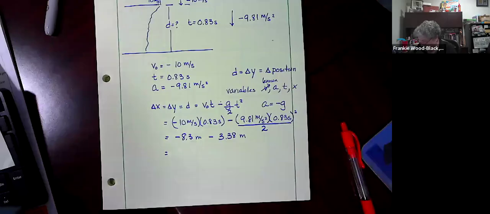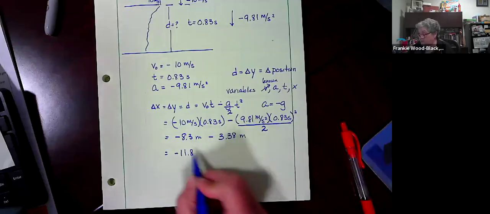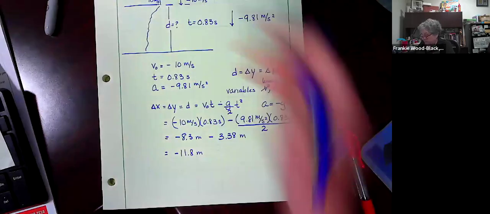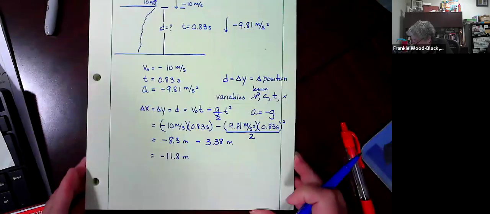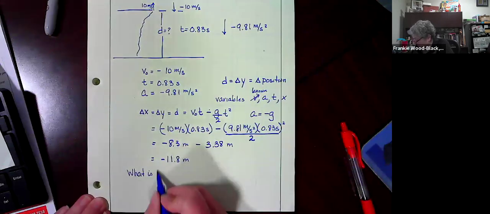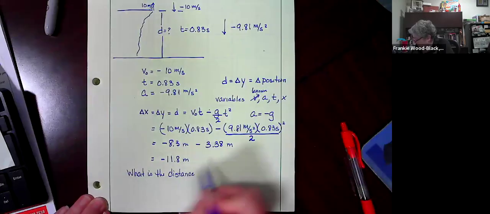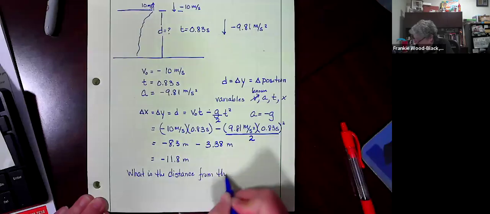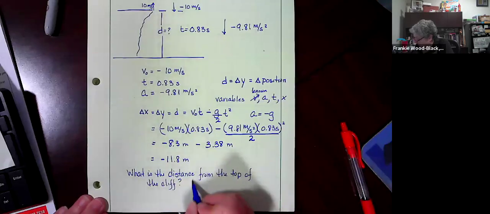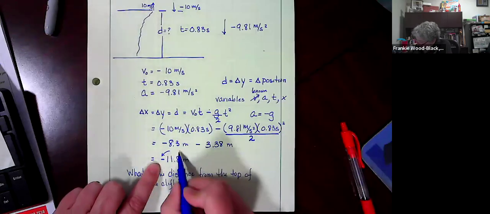I get a negative 11.8 meters. So the distance from the top of the cliff, if I'm answering that question, I'm going to say 11.8 meters, because this tells us direction.